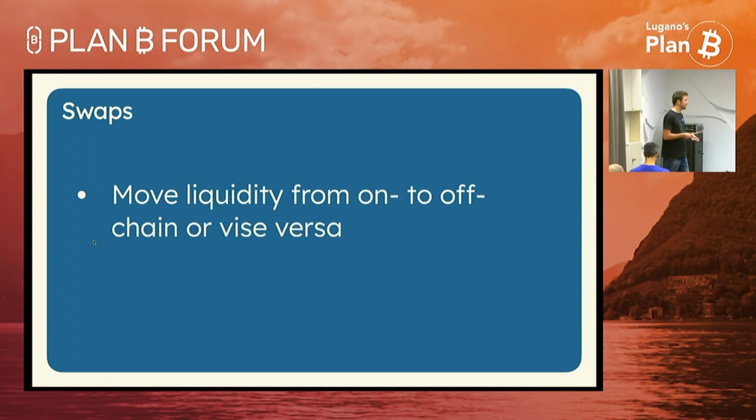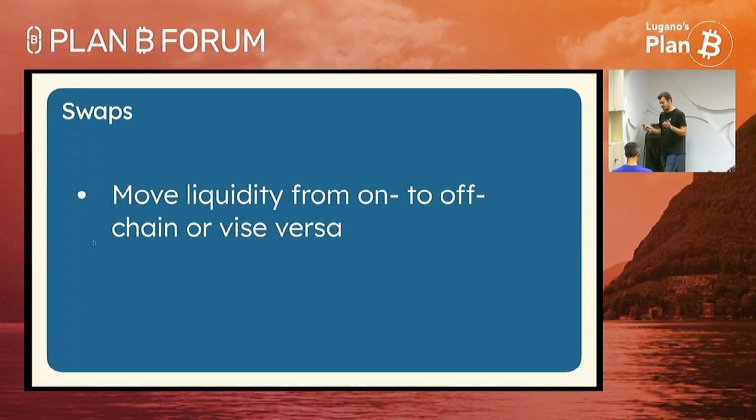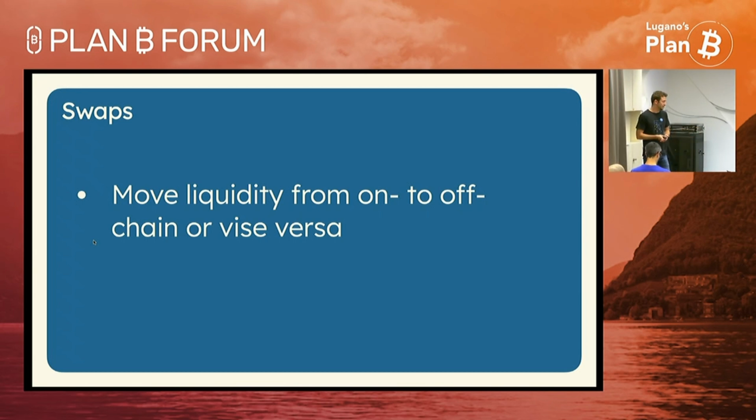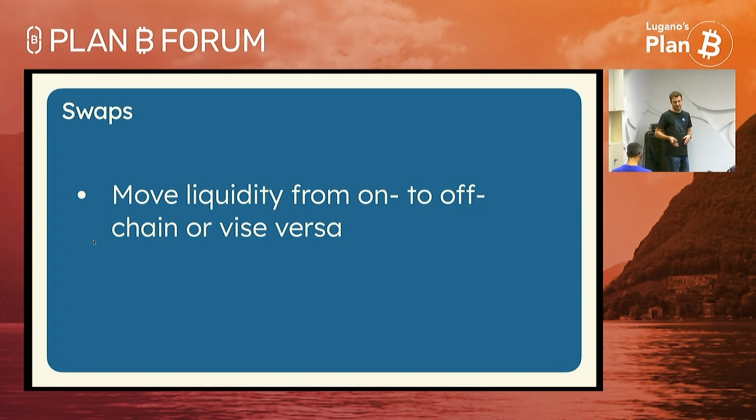And then the third one is basically moving liquidity from layer 1 to layer 2 or vice versa. There we use services like Loop, for example, just to buy some inbound liquidity or to swap out or swap in.